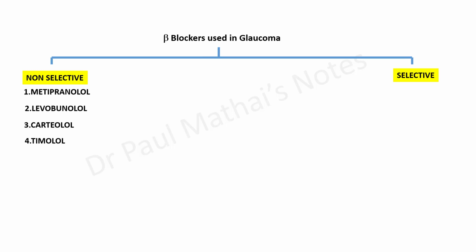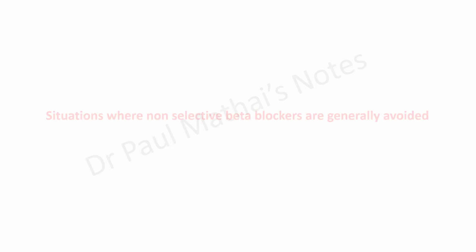The selective beta blocker available is betaxolol. Beta blockers are useful topically in glaucoma by reducing the production of aqueous humor. How exactly it reduces the production of aqueous humor is still under investigation.